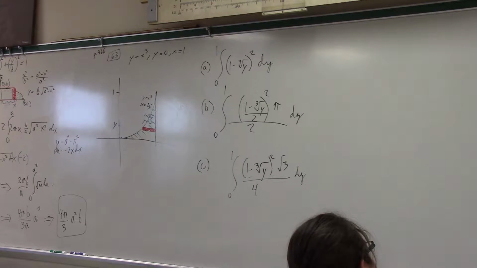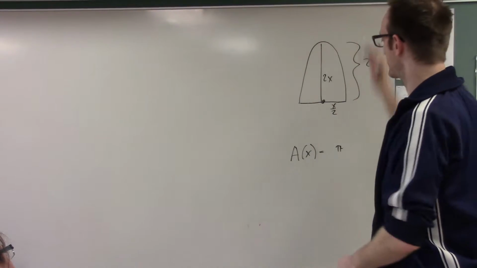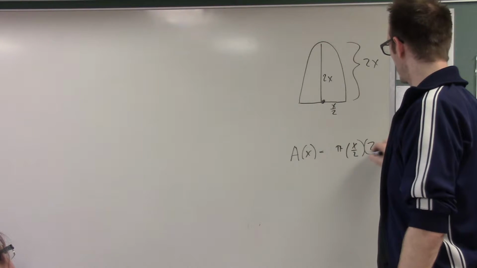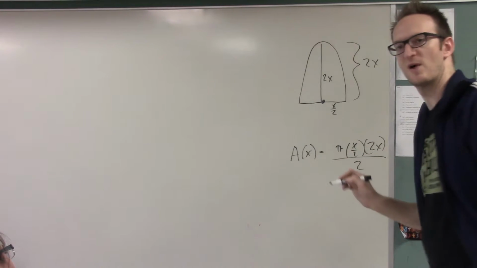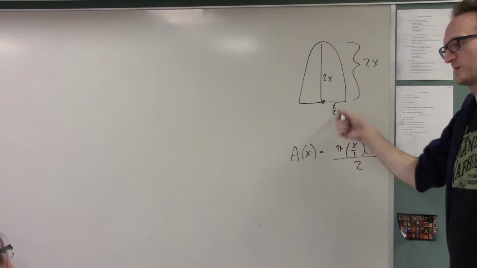So what is the area of this semi-ellipse as a function of x? It's pi times a times b, right? So it's how much stretched out this way, how much stretched out this way, but then divided by 2. So it's x over 2 times 2x over 2. You guys following this? Lots of things going on all at once. You with me?